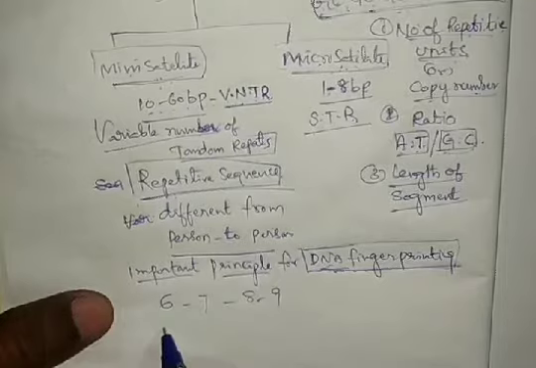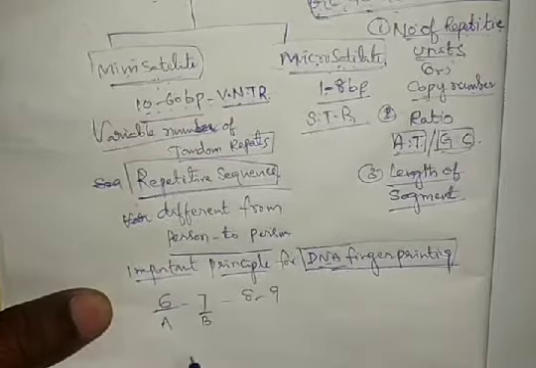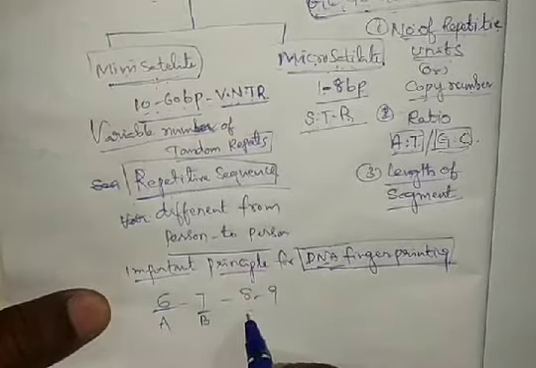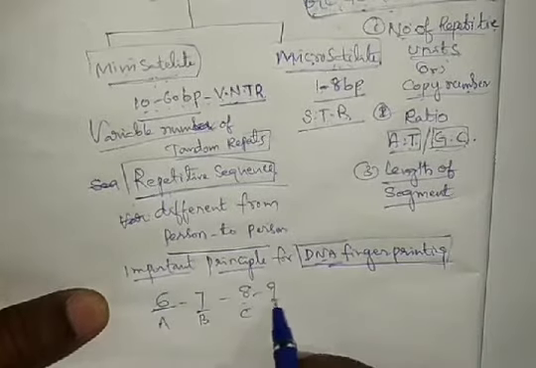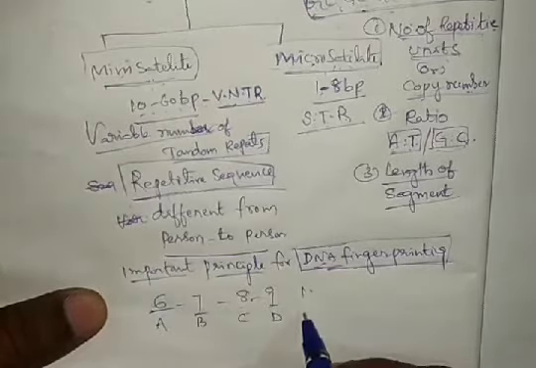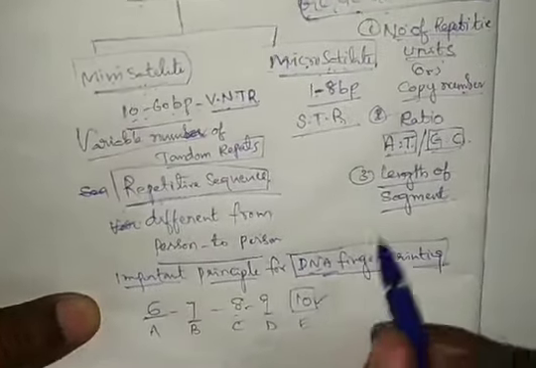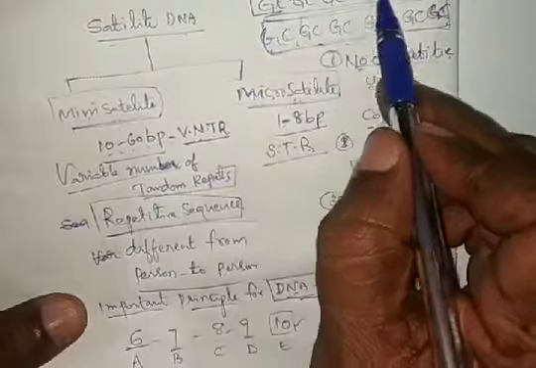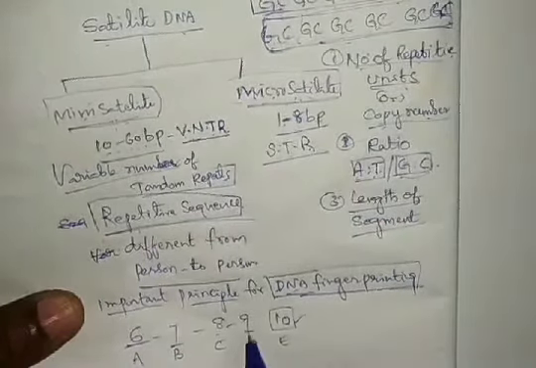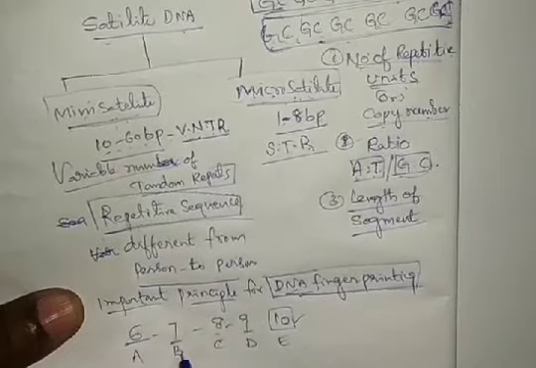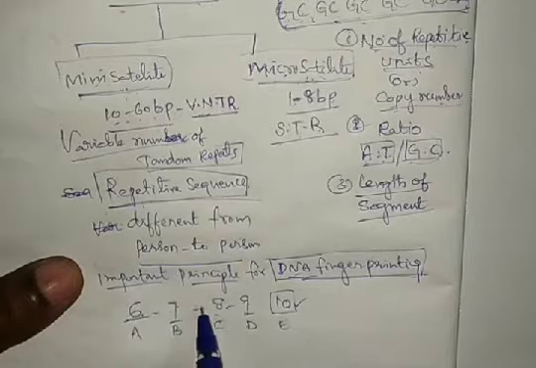For example, person A has a repetitive sequence of 6, B has 7, C has 8, D has 9, and E has 10. So the repetitive sequence is repeated 10 times in one person, 9 times in D, 8 in C, 7 in B, 6 in A. This is unique from person to person.